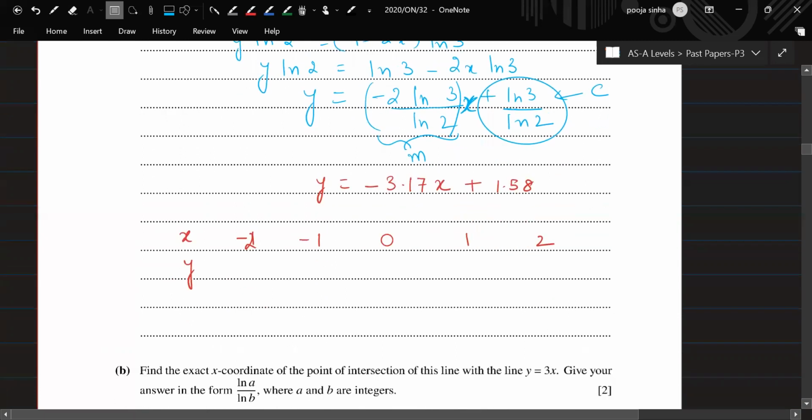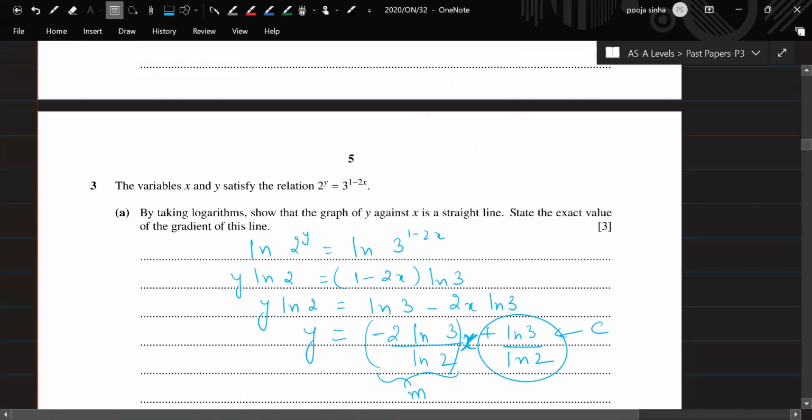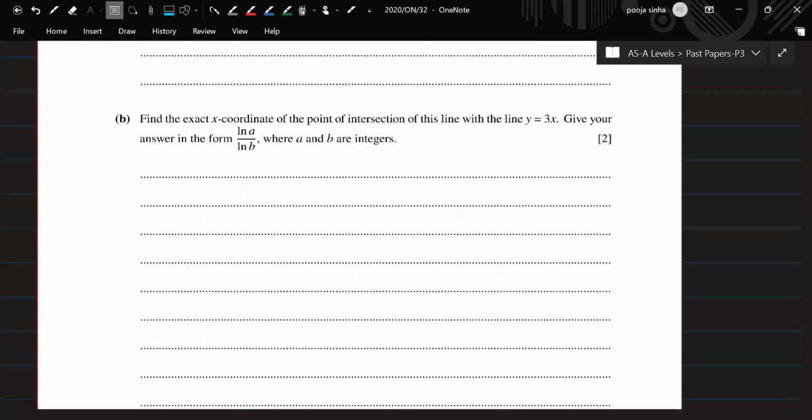So at the point of intersection, what do we have to do? We have to find the exact x coordinate. Right now the values of A and B haven't been told to us, but I think A and B is the point of intersection. So our line is forming something like this, and your y is equal to 3x will be like this.